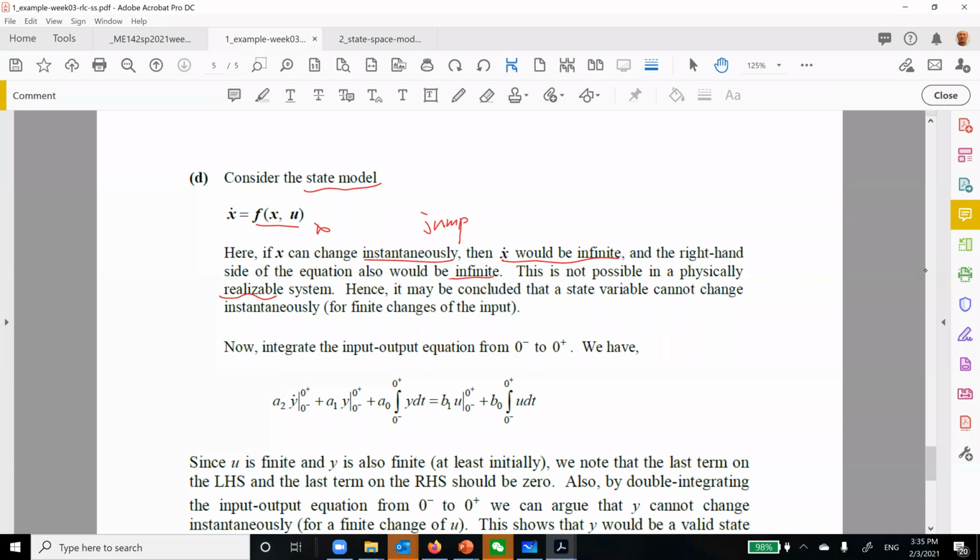So we can conclude that a state variable cannot be allowed to change instantaneously if you have a finite change in the input.